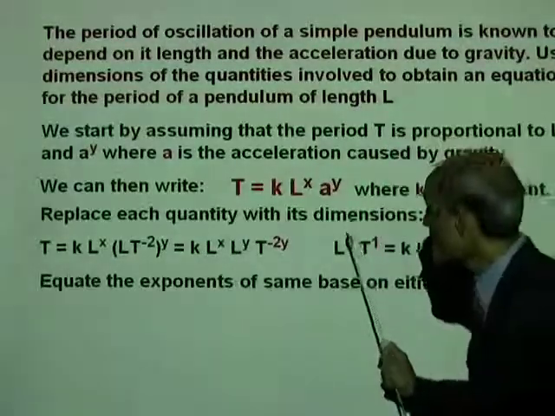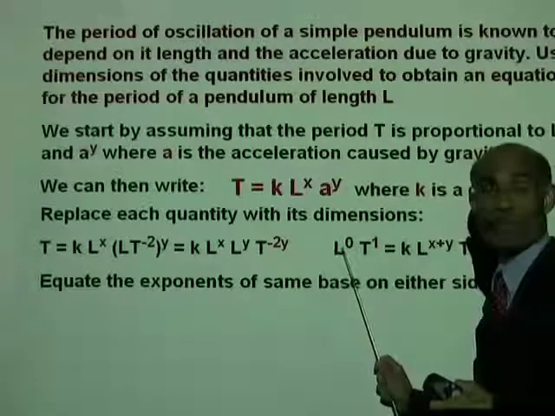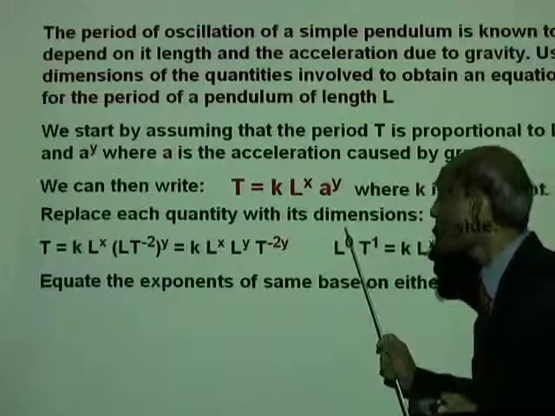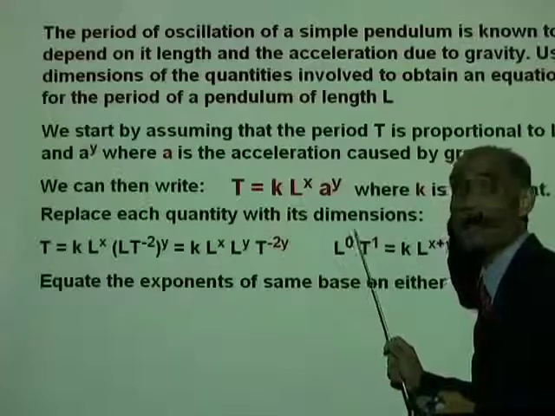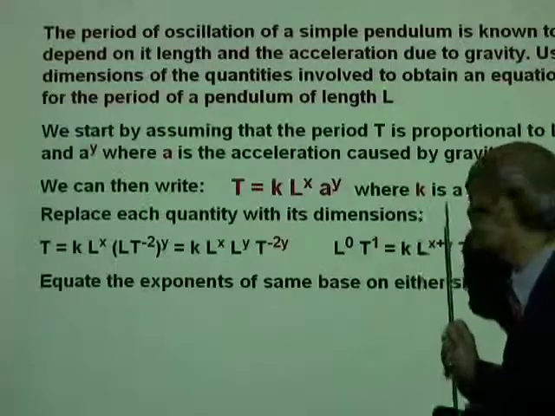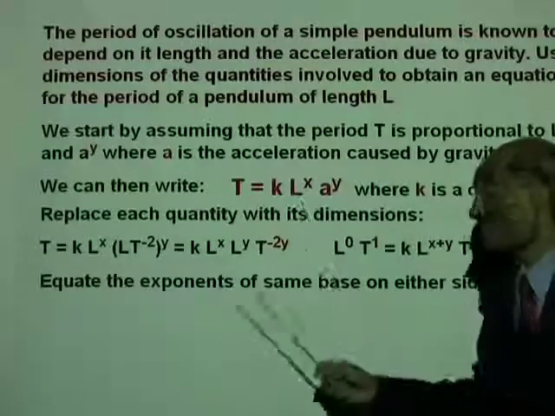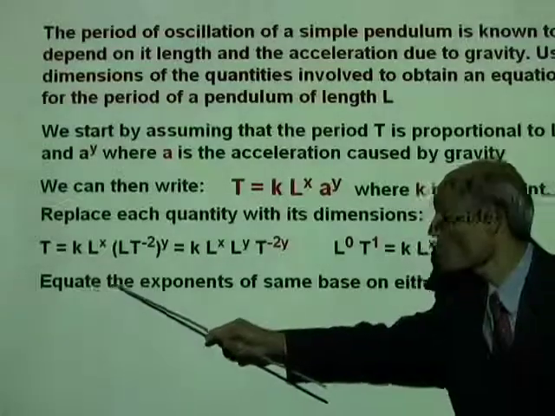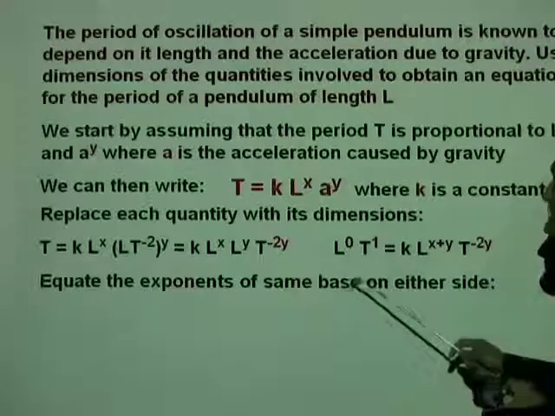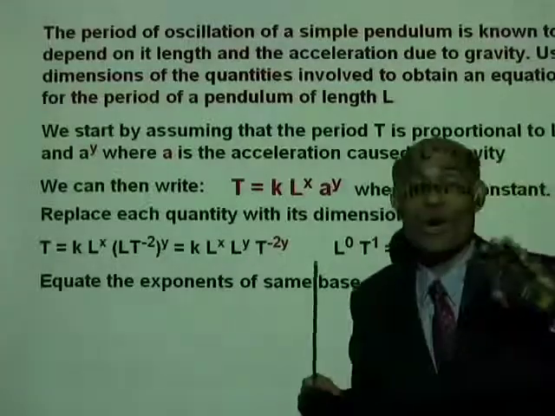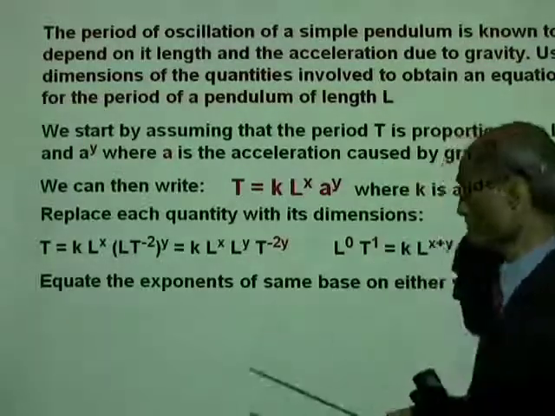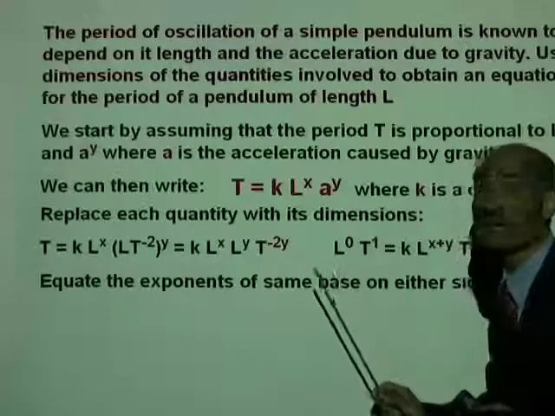So, if there is an L on the left side, the exponent of that L must be equal to the exponent of L on the right side. So we are going to equate the exponents of the same base on either side. What does that mean?